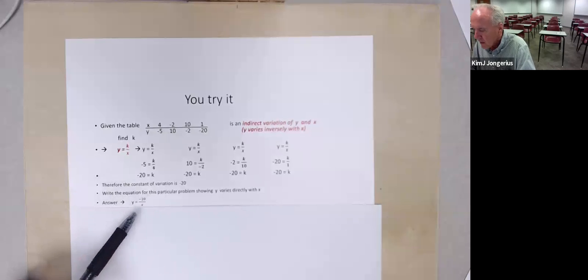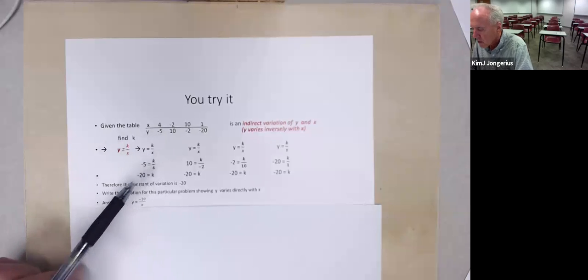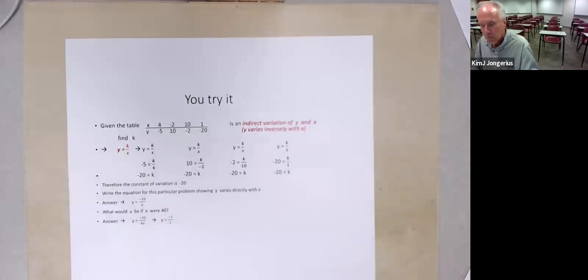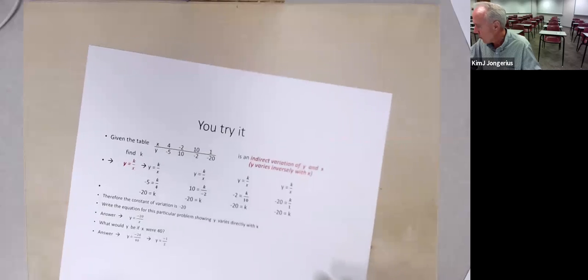Now I can use that particular formula for any additional part of this problem that I want to work out. For example, what would y be if x were 40? I'm going to take the 40 and put it in place of the x in there. So if I do that, I have a negative 20 over 40, which is a negative 1/2. Again, hopefully pretty straightforward for you.